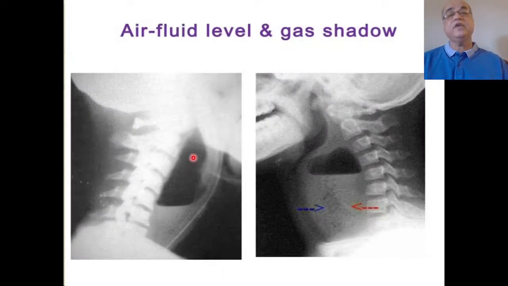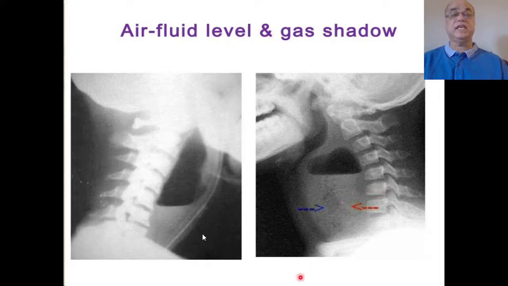Again, here you can see that just in front of the vertebral column there is air, and below is the fluid. So air fluid level, wherever it is, signifies that some pus formation has already occurred. And again you can see this is the anterior border of cervical spine, and this is the airway, and the distance between the anterior border of vertebral column and posterior border of air column is more than 3 to 4 times the vertebral body diameter.